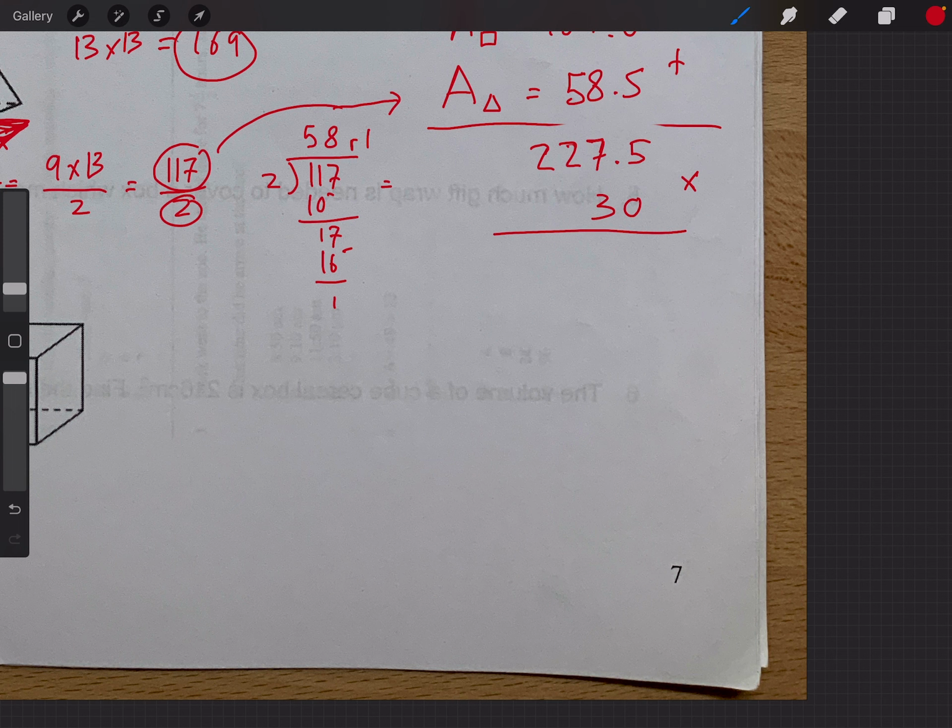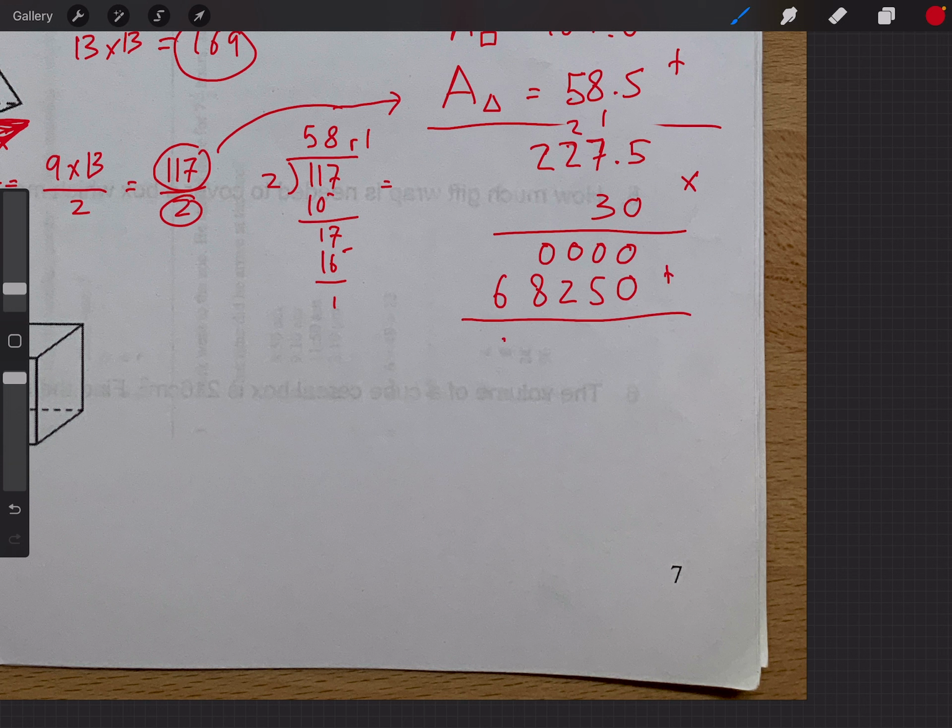First one's just 0. And the next one is a magical 0 here. Then we say 3 times 5 is 15. 3 times 7, 21, plus 1 is 22. 3 times 2 is 6, plus 2 is 8. And 3 times 2 is 6.